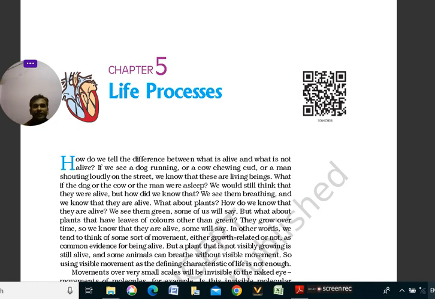A group of similar cells combine to perform a specific function, forming tissues. The different types of tissues which perform a similar function are grouped together and form an organ of the body. Different organs grouped together to perform a similar type of function are called an organ system.